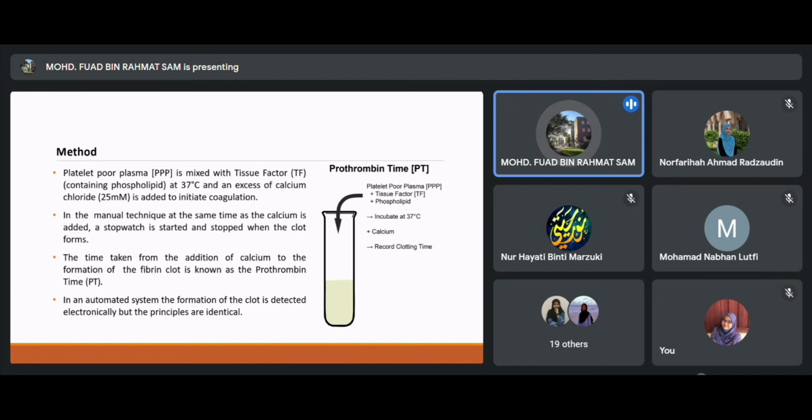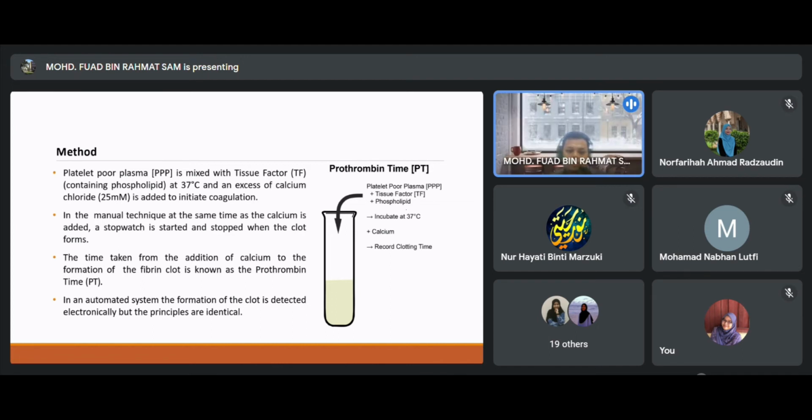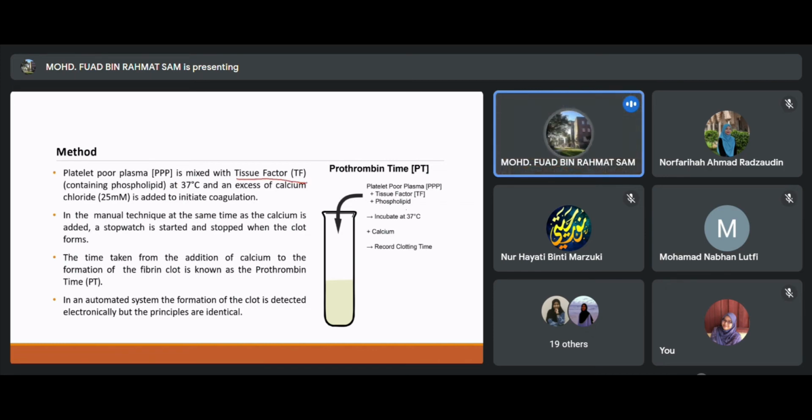Okay, so the PT test or the prothrombin test is performed by adding the patient's plasma to some source of tissue factor. Okay, kita akan tambahkan the plasma, kita gunakan istilah PPP, the platelet poor plasma is mixed with tissue factor, and then these tissue factors containing a protein, for example phospholipid or thromboplastin, that converts the prothrombin to thrombin.